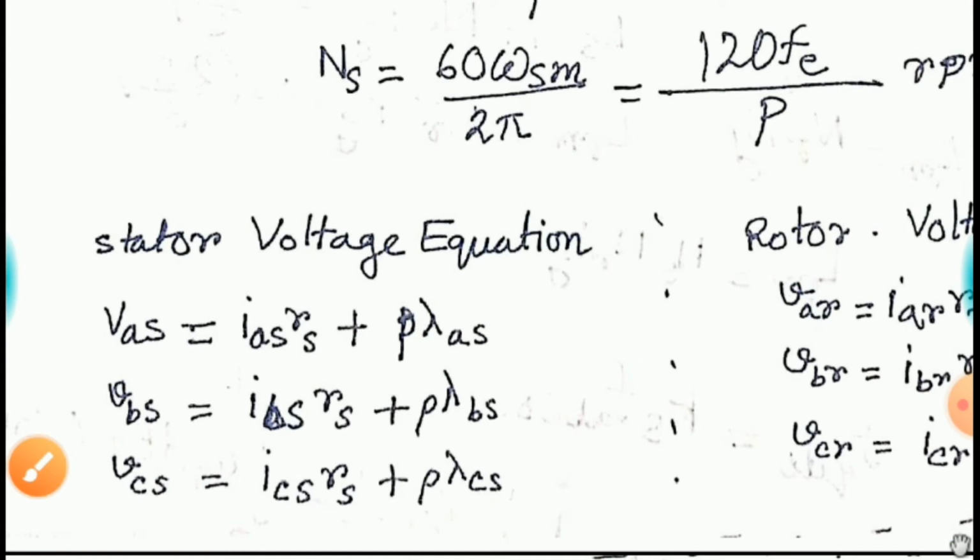As I have mentioned, all the windings are even in nature, and this p is the time differentiation of the corresponding phase flux linkage, right?